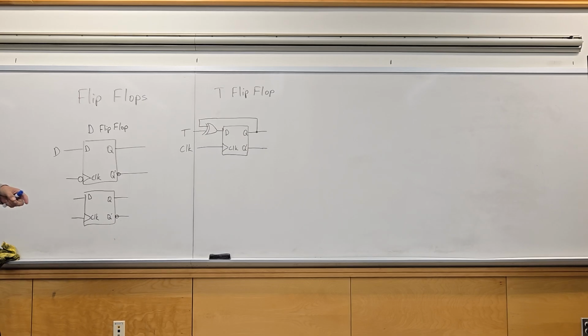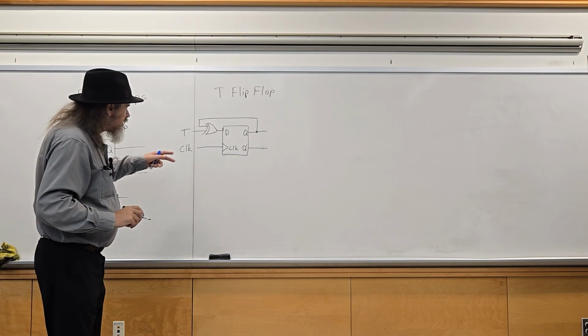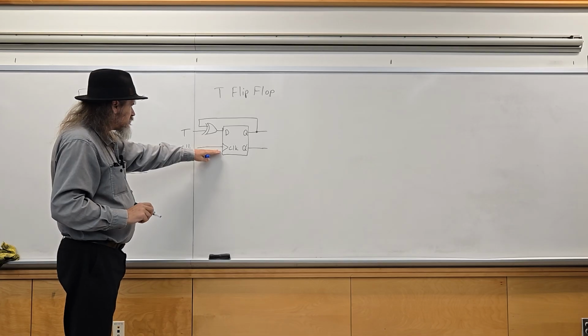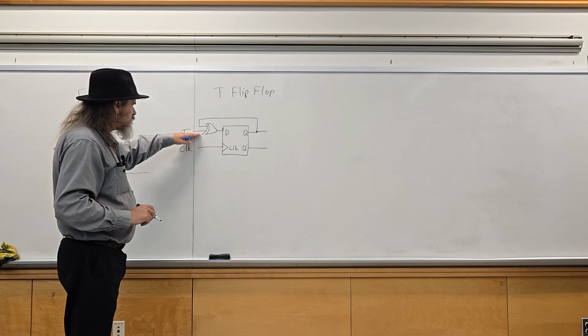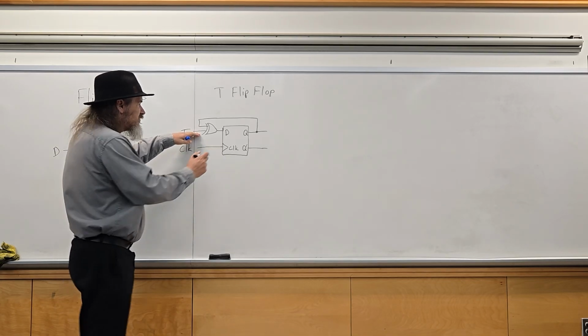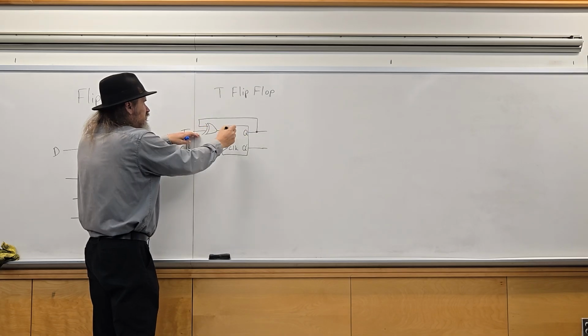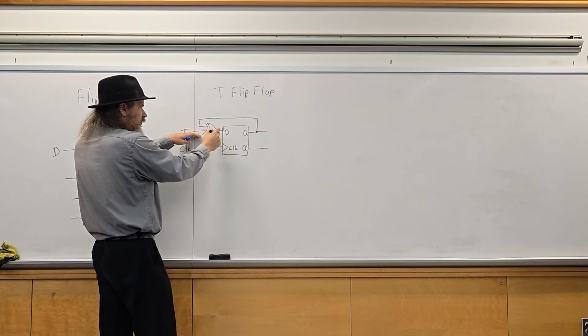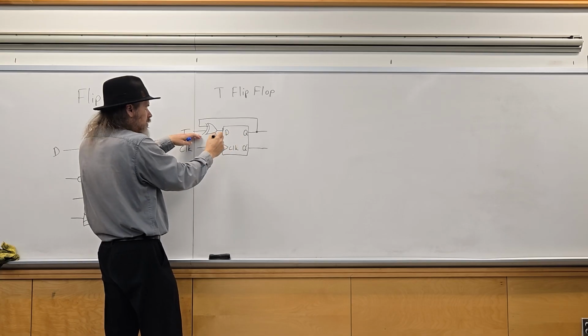What happens here is, on the clock signal coming in, if T is 1 and previously it was 0, T will be passed through because an XOR of 1 and 0 is 1.